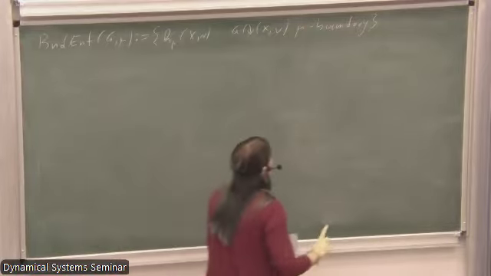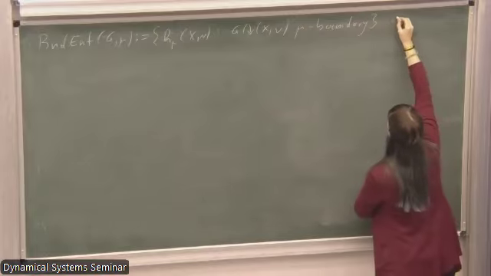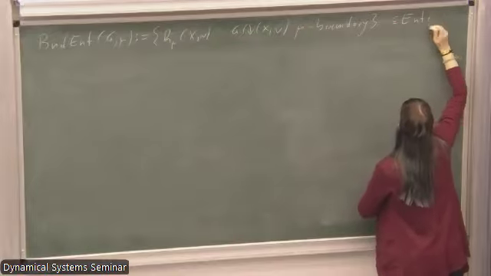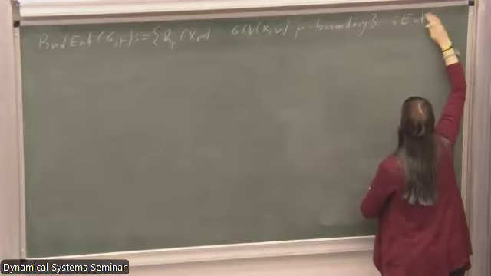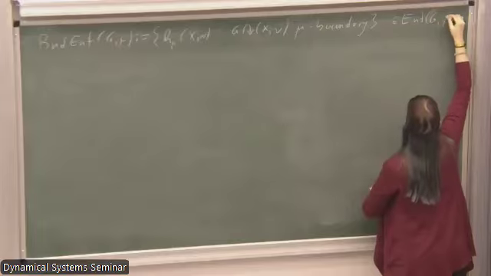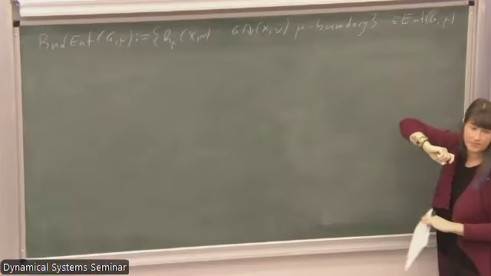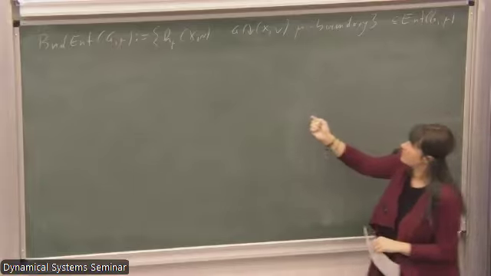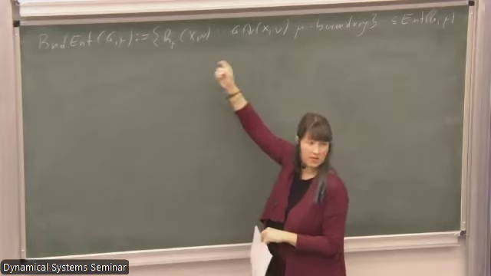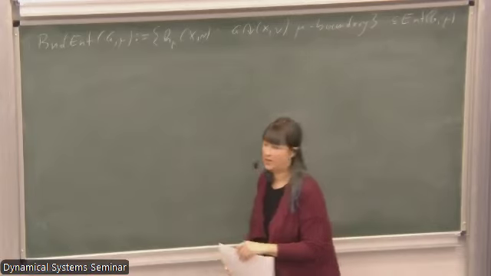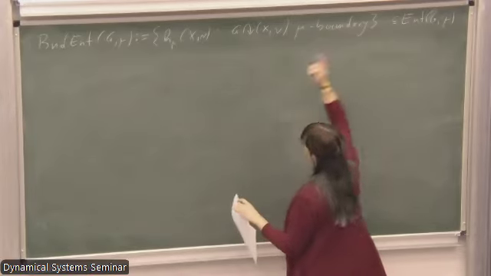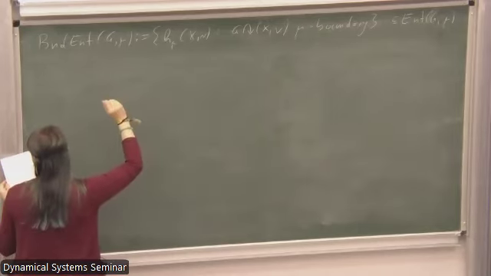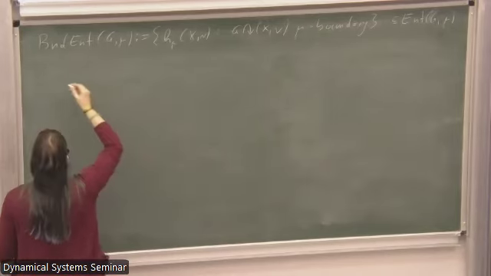I mean, clearly this sits inside the entropy spectrum of G. So in particular, if I have a gap there, then I have a gap there.